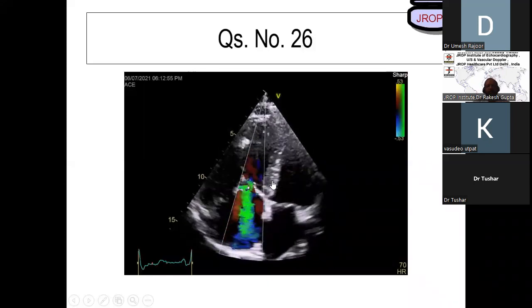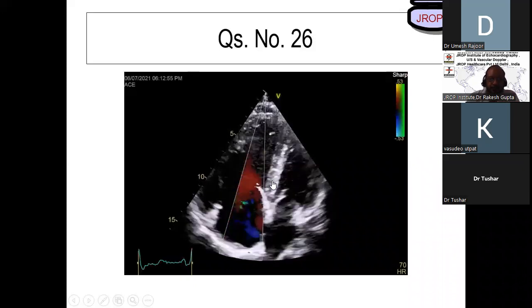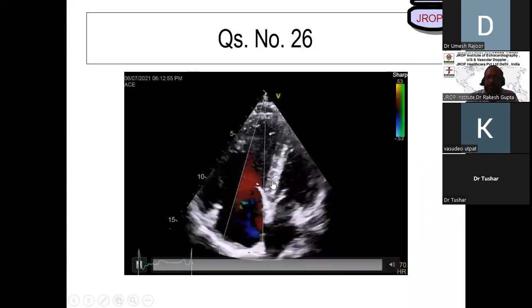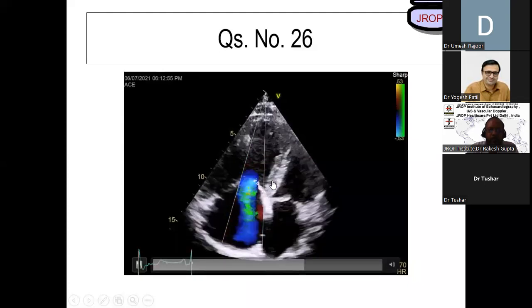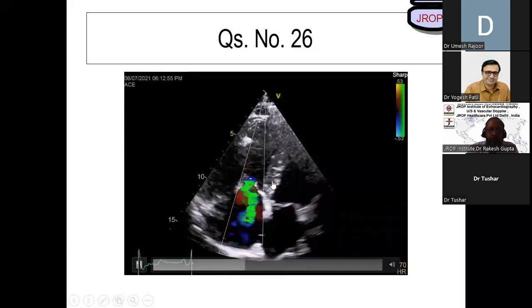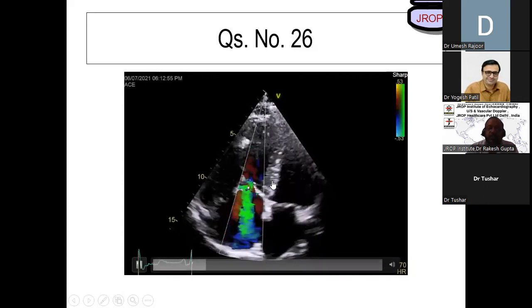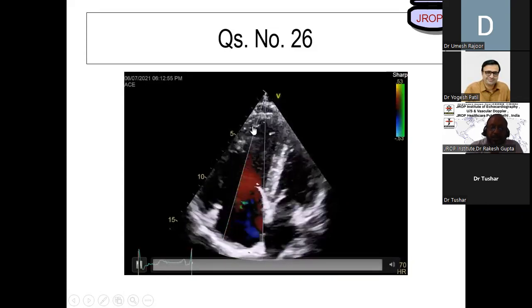Can you comment on RV function? So RV is dilated, RA, RV both are dilated. And their function? Impaired systolic function, looks like impaired systolic function. RV function is reduced in this patient. Yes, sir. And look at this contraction of RV.